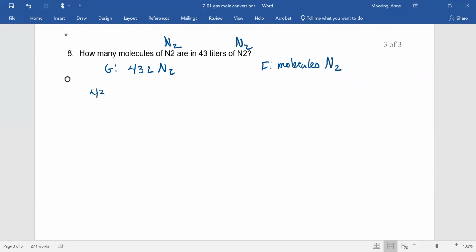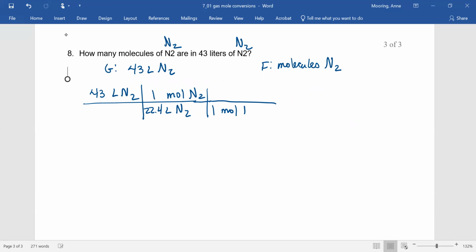So we start with our 43 liters of nitrogen. We're going to bring liters of nitrogen down. We always go through the moles. So 22.4 liters is the volume of 1 mole of nitrogen. We're going to bring 1 mole of nitrogen down, and we're going to go to molecules.